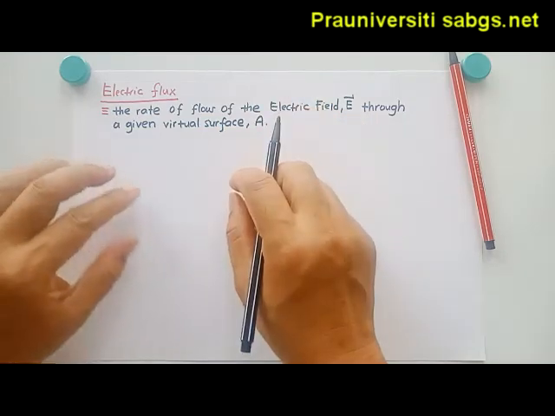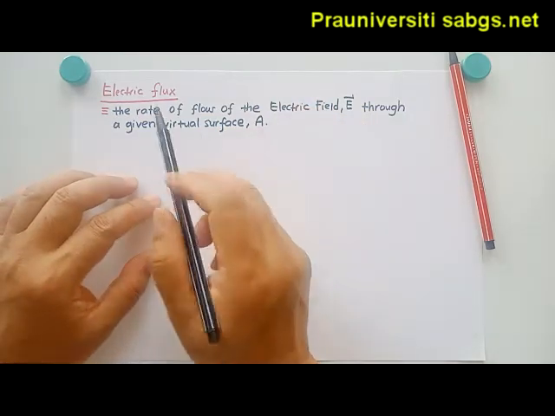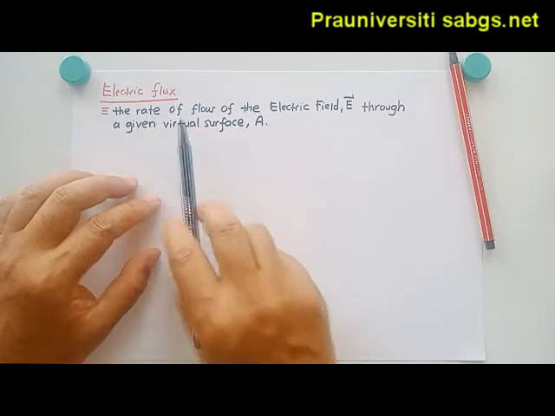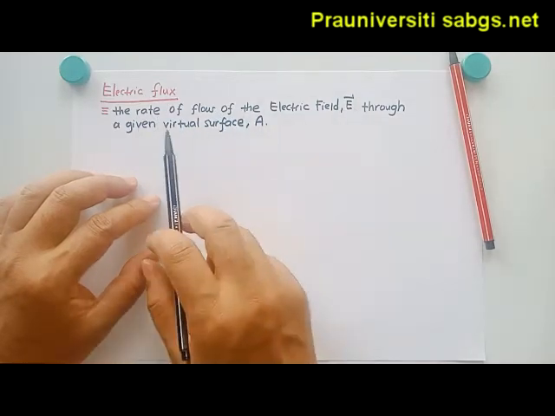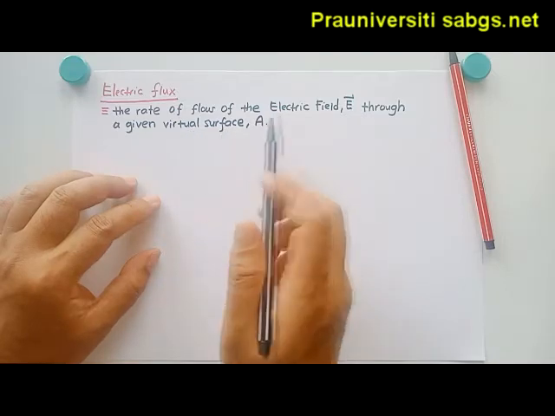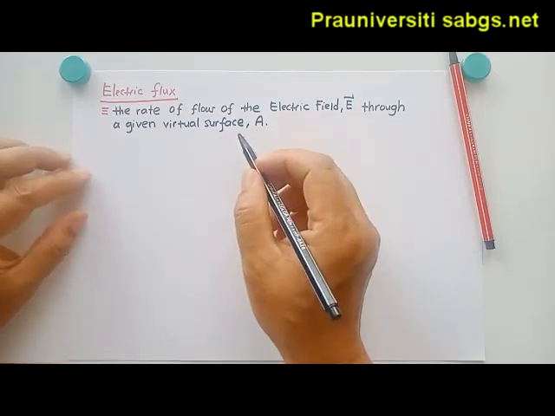Okay, so the definition of the electric flux: the rate of flow of the electric field through a given virtual surface A. Okay, so we continue.